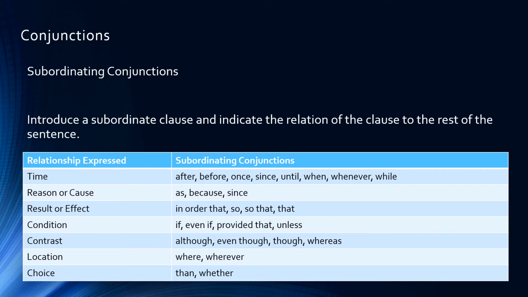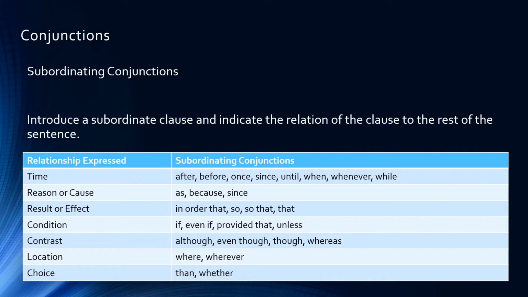Then we have the relationship of reason or cause. And the subordinating conjunctions are as, because, since. Then we have the relationship of result or effect: in order that, so that, that. The relationship of condition: if, even if, provided that, unless.